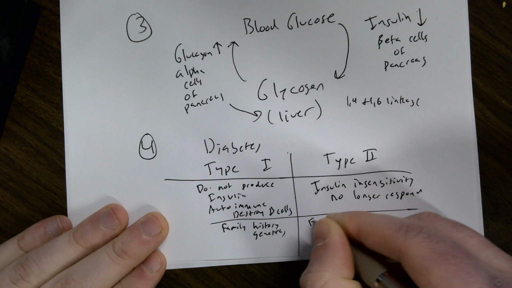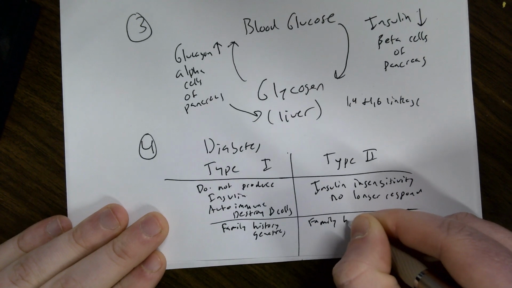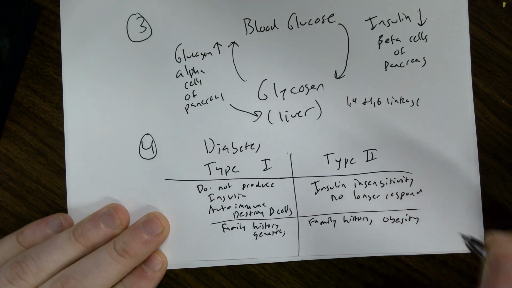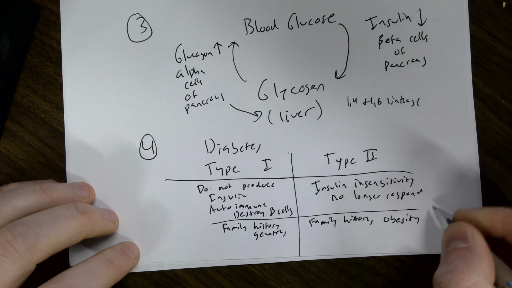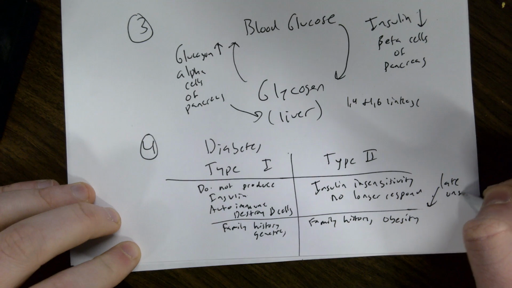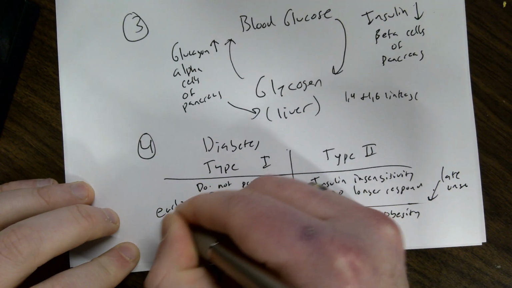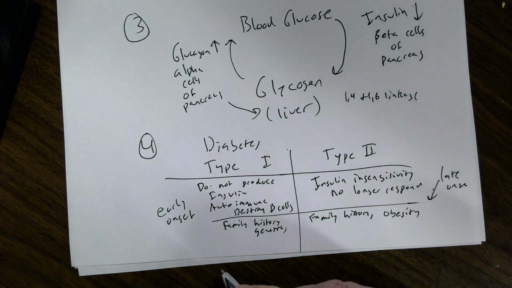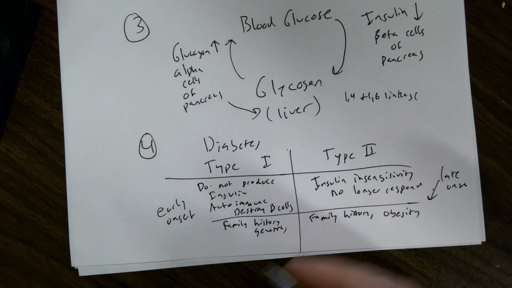This one is also family history, but it's also obesity. This one is late onset. This one is earlier onset. This one is not preventable. This one is preventable.